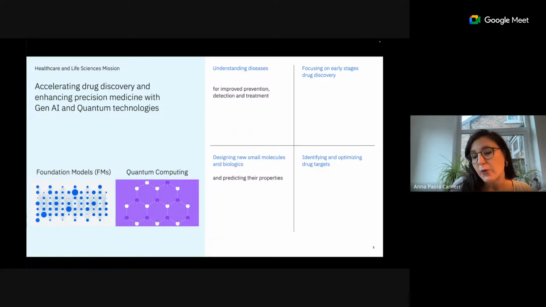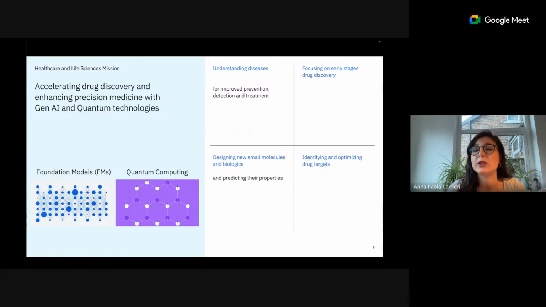So our healthcare life science strategy at the moment in IBM Research is all about drug discovery and precision medicine. So how we can develop advanced technology, GenAI, quantum technologies to understand diseases, for improving prevention, detection, and treatment, to stratify patients based on similar characteristics. And there is also a big emphasis on drug discovery.